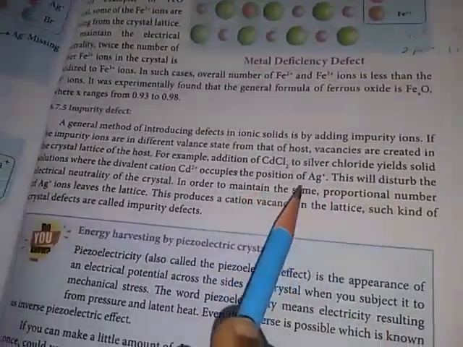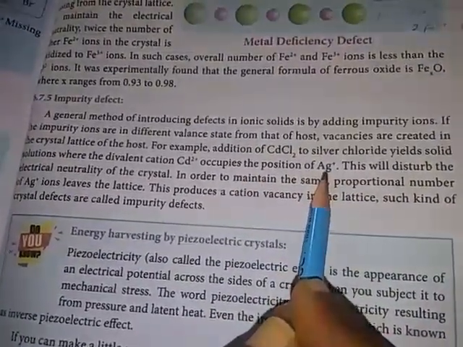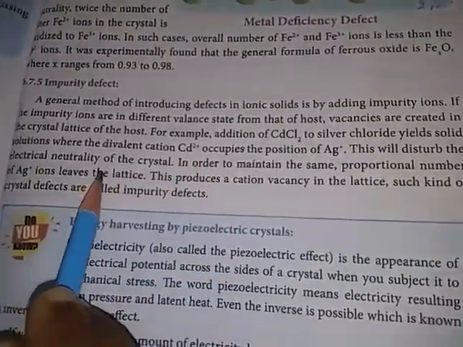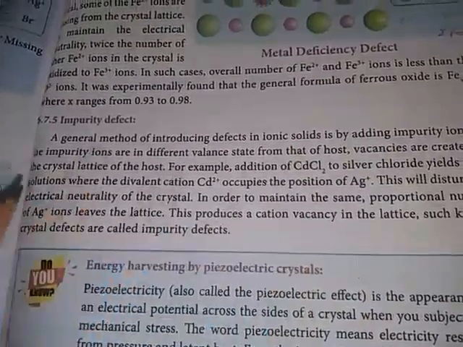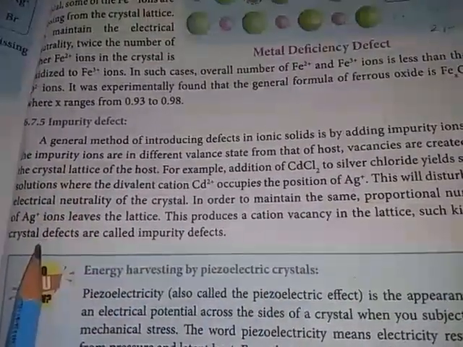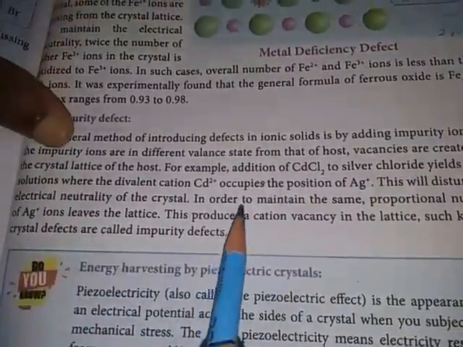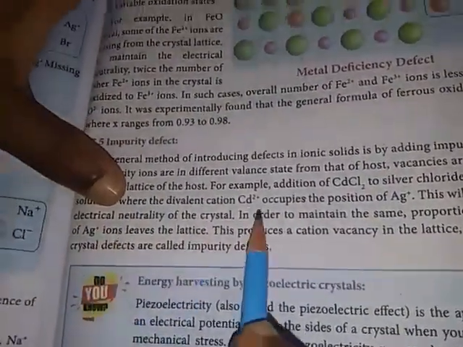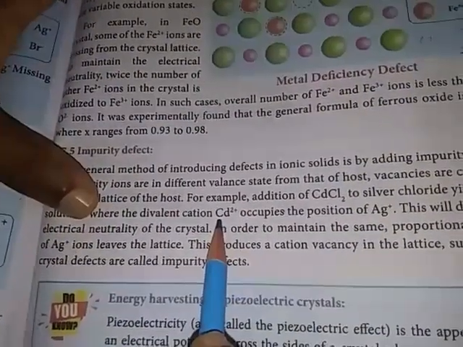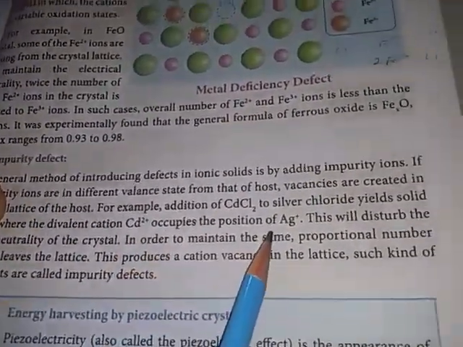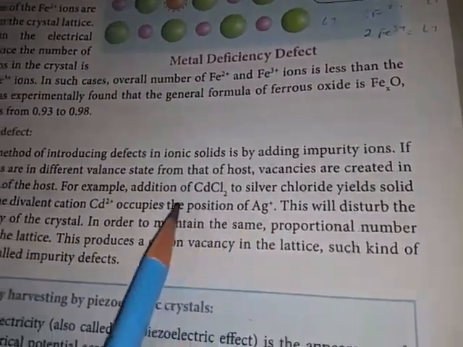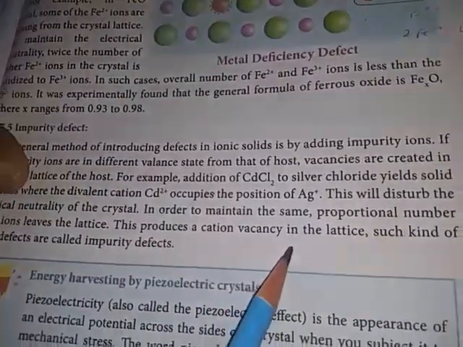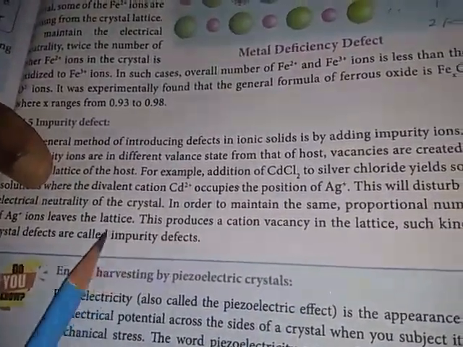So if one Cd2 plus ion occupies the place of one Ag plus, the electrical neutrality will be changed. But in order to neutralize the cation and anion, the same number of Ag plus ions leave the lattice. So if one Cd2 plus ion occupies the position of an Ag plus ion, two Ag plus ions will be removed from the lattice. This produces a cation vacancy in the lattice. Such a crystal is called an impurity defect.